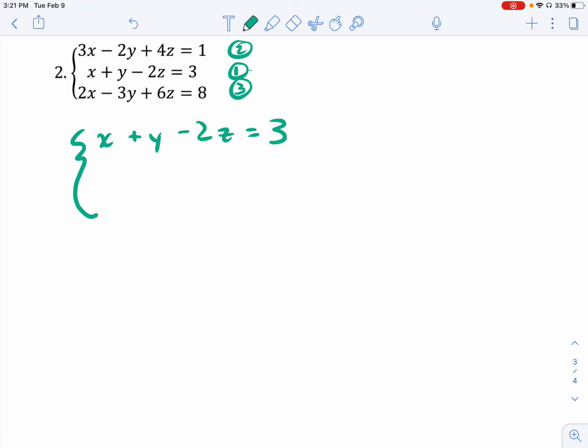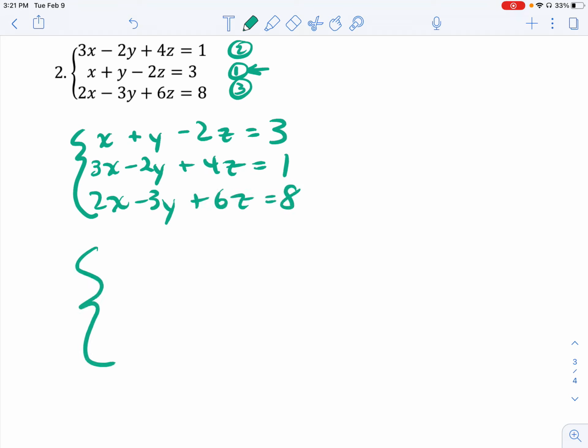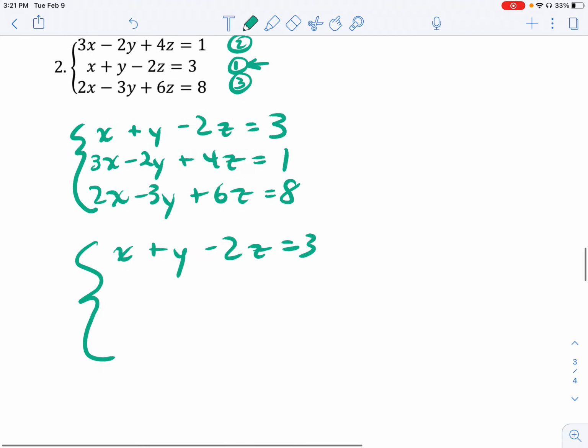Now that I labeled this as my first row, how do I get rid of, well, actually, let's just write it out first because I don't want to confuse anyone. Okay, so now that we have that, all right. So I'm going to write it down one more time. And this previous step was completely optional. I just didn't want to lose anyone.